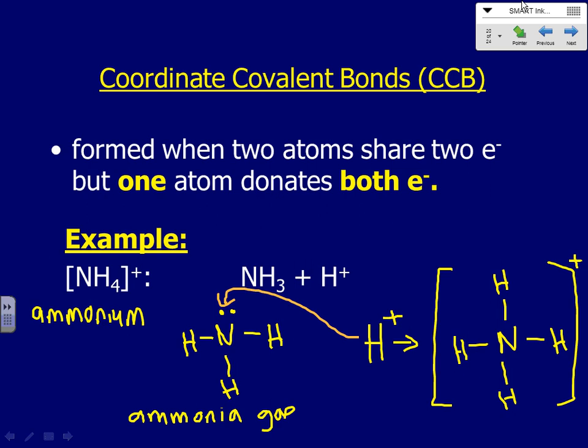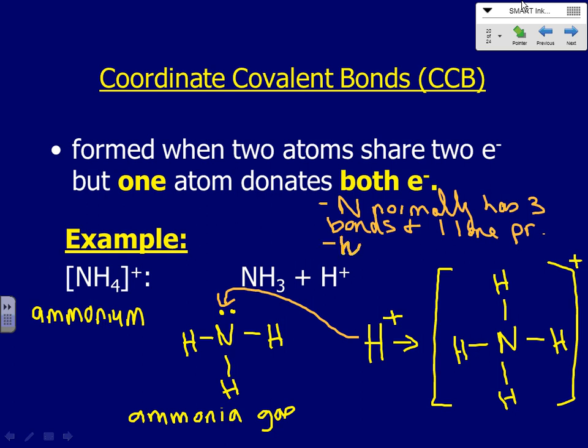Okay? So I want to put a little add-on. You can put it down below, but I'll put it right here. N, normally, has 3 bonds and 1 lone pair. Here, it has 4 bonds.